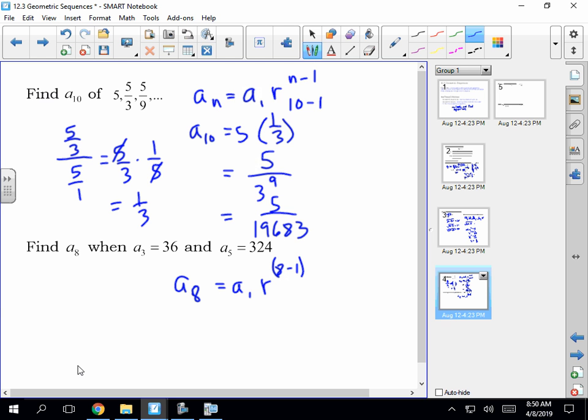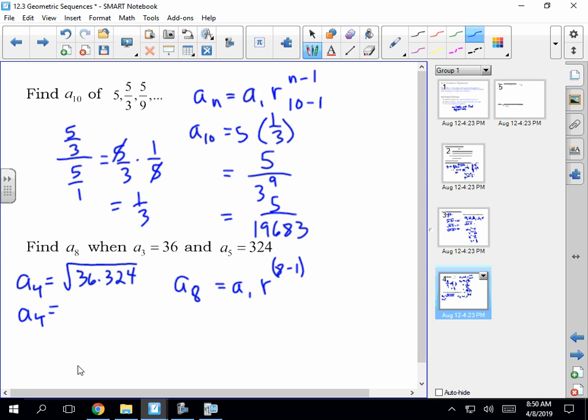We could also do the equivalent that we did before and shift it up. Just do a sub 5 in here, a sub 3 here, r to the, and then this would be different. But just because there's only one term in between these two, if I find a sub 4 by just taking the square root of 36 times 324, what do you get for a sub 4?